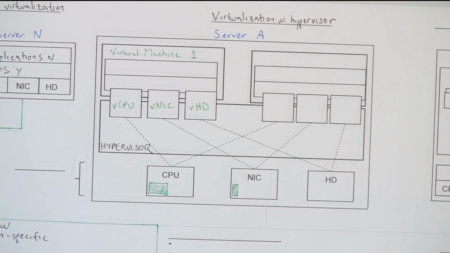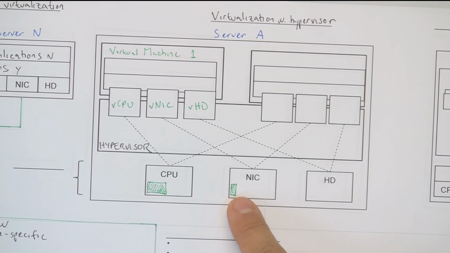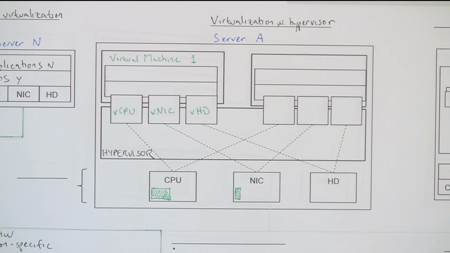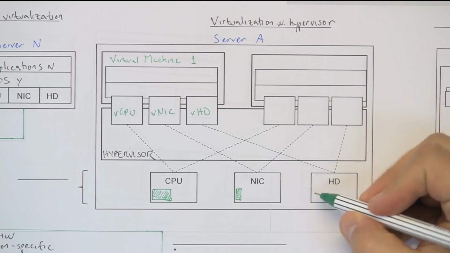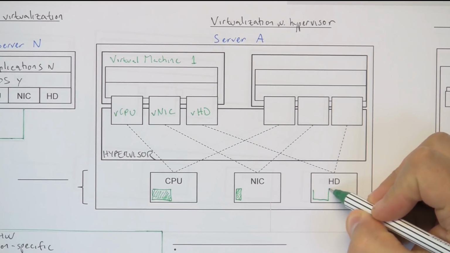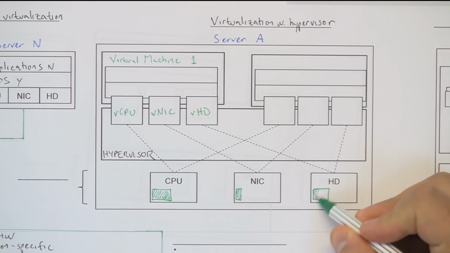Do I get half a cable, or just 4 of the 8 wires, or something like that? You can see it as just bandwidth. I have 1 gigabit of bandwidth. This virtual machine gets 100 megabits of those. And hard drive, I'm going to give it some storage as well.